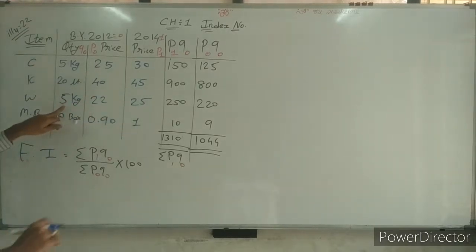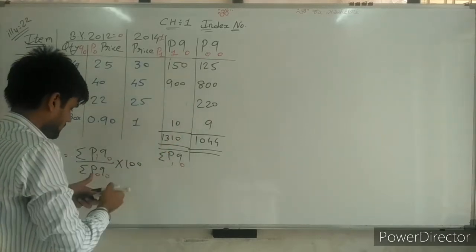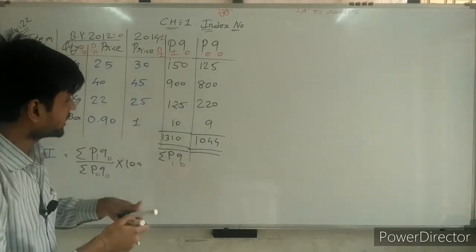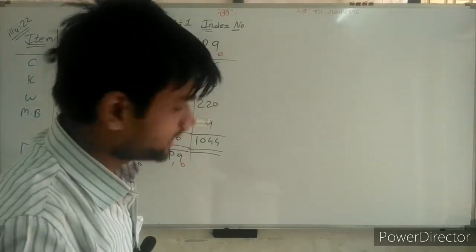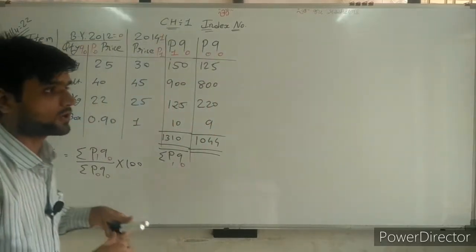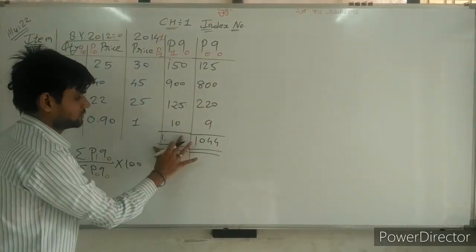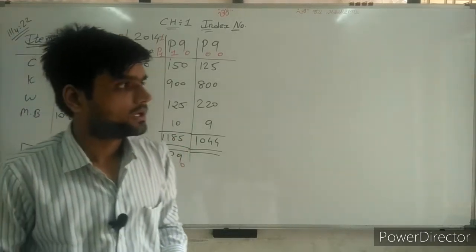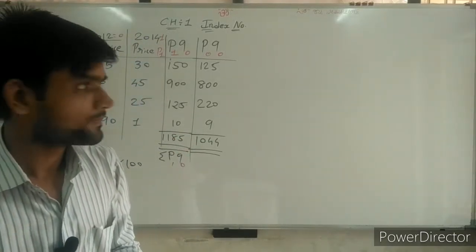So 25 into 5, here 125. And if we are making total of this: 150, 900, 125, 10, the total is 1185. So 1185 is my real information.